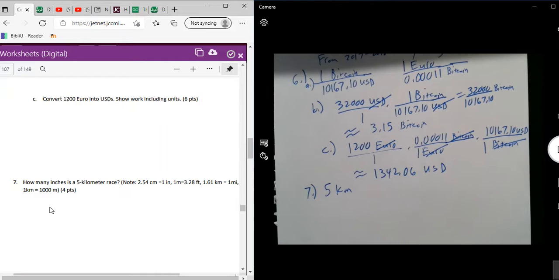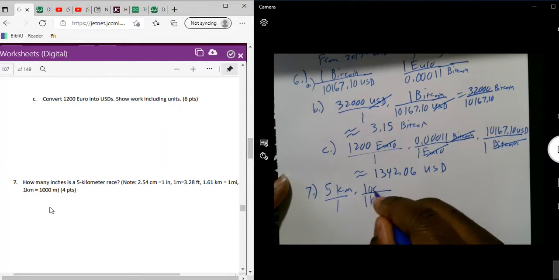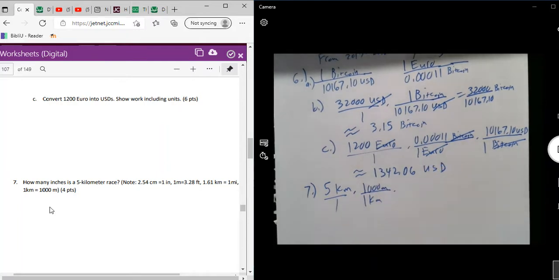So what I would do is this here. Since we want to go to inches, I would change kilometers to meters first, and I will show you why. So we will have 1 kilometer to 1,000 meters. Now, I want to change meters to feet, because once we get meters to feet, then we could go feet to inches.